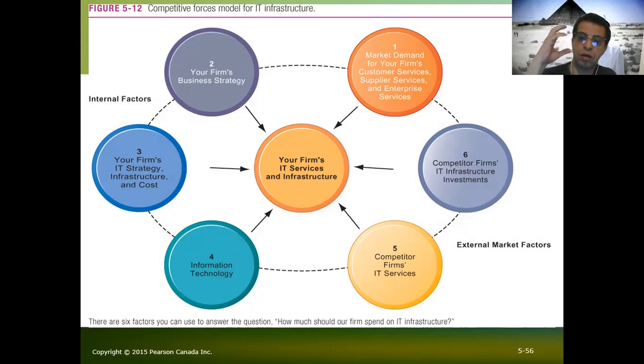There are goals that you need, and there is a business plan strategy, and then the IT business plan driven from that, which is the IT strategy, infrastructure, and cost. And then we need to know about the information technologies, what kind of trends are being used, and all the processes, and the competitor firms, what they are using, and how they are progressing or falling behind us.